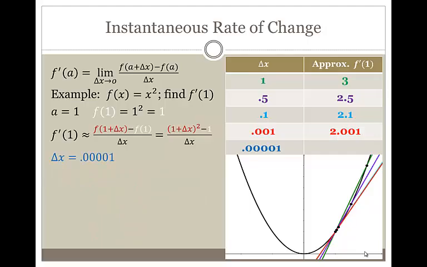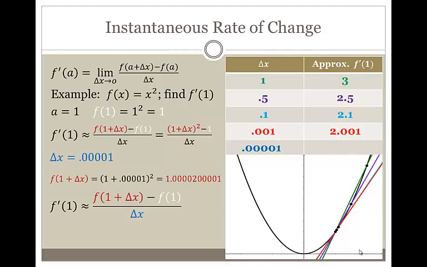Let's approximate f prime of 1 one more time using delta x equals 0.00001. Here, f of 1 plus delta x is 1 plus 0.00001 squared, which is 1.000020001.